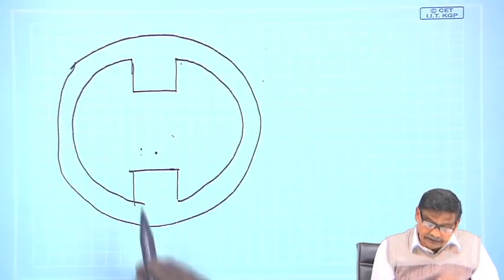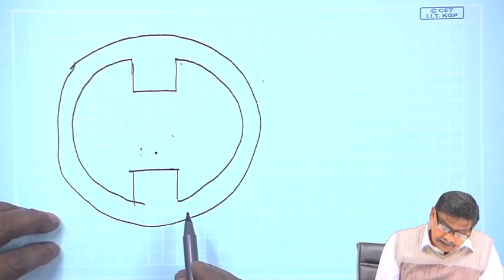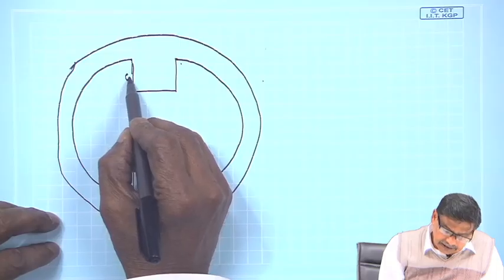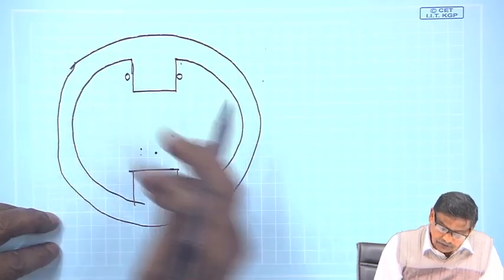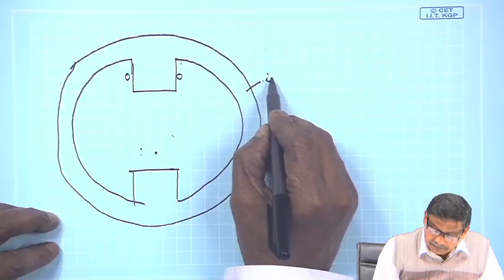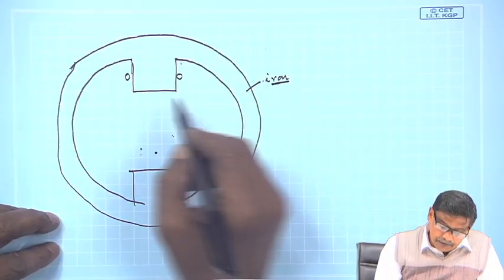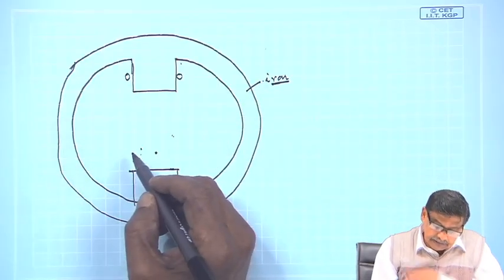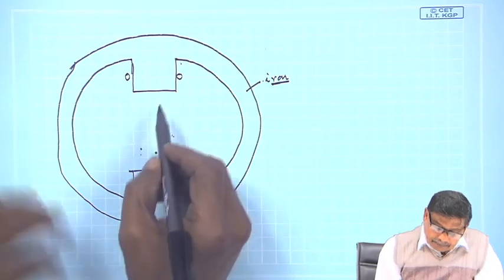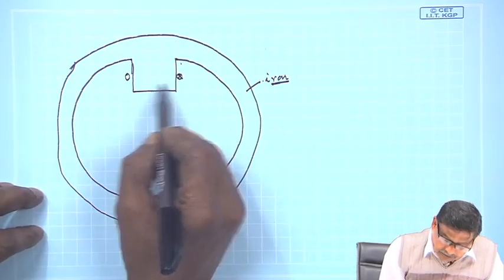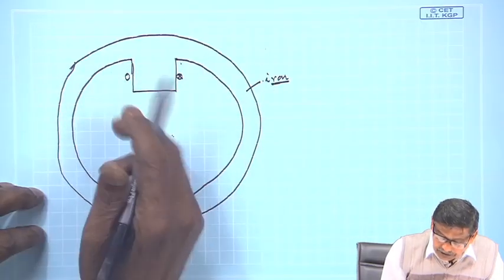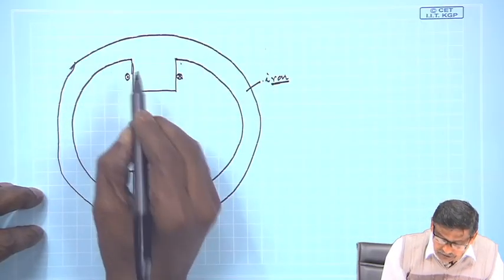I can do like this, and by passing some current around this projected pole. So, this is circular, this is iron. If you pass some current here, you can make it like this. Suppose this is a coil wrapped around this projected pole, and suppose the current direction is cross and dot.